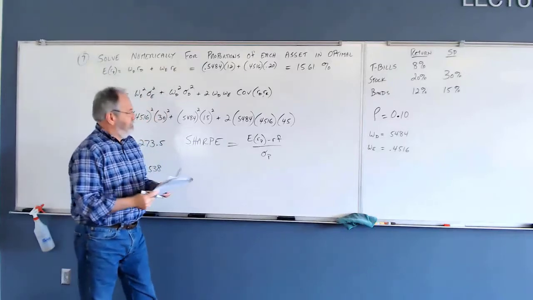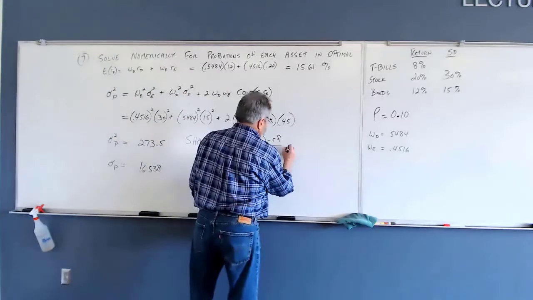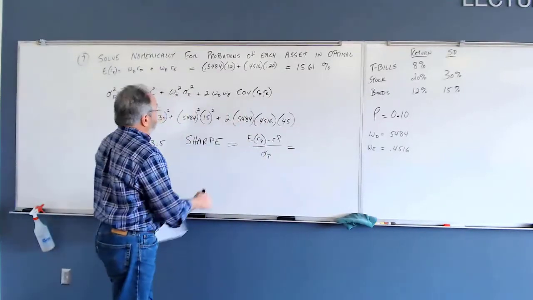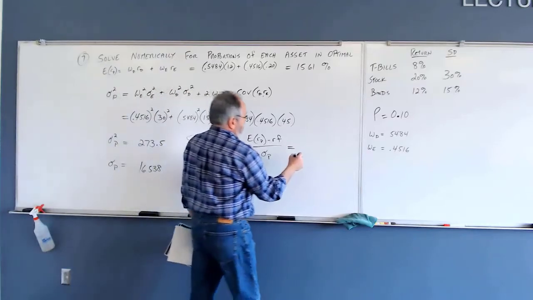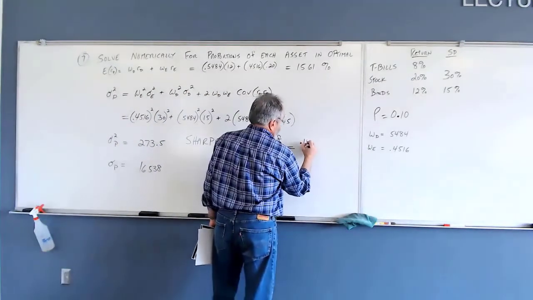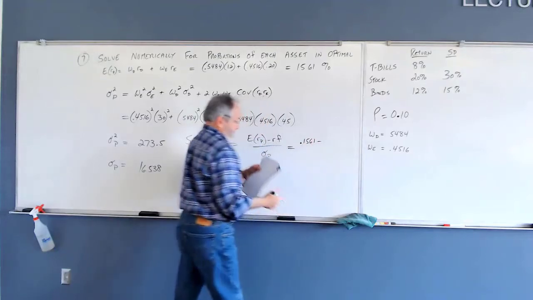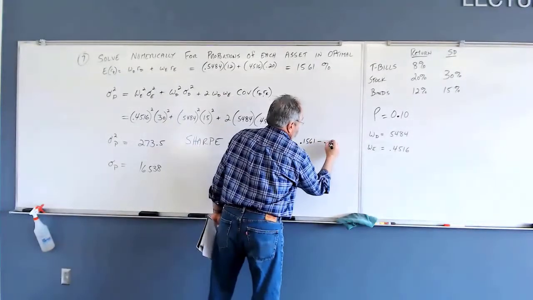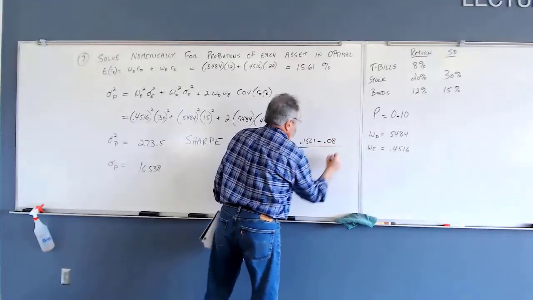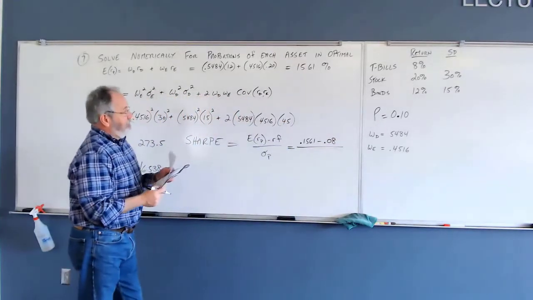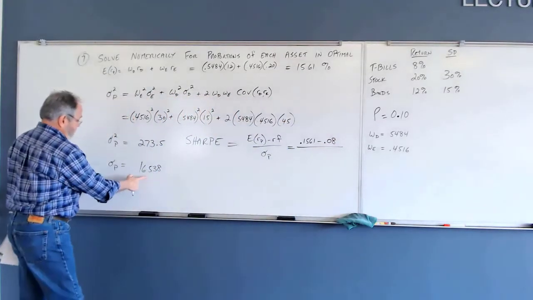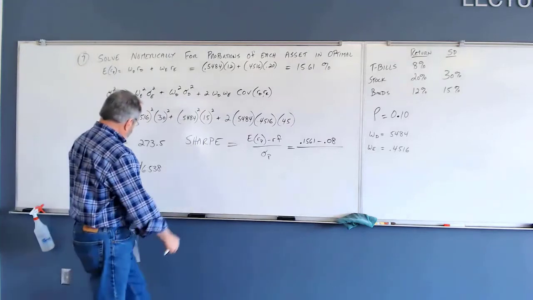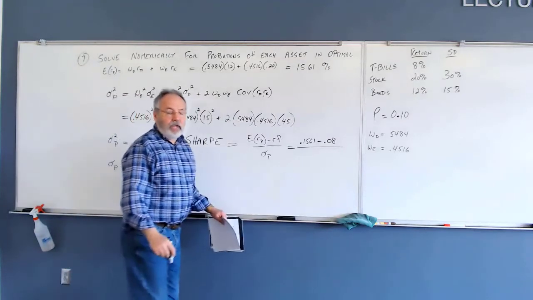Yeah, that's all, right? So the expected return on our portfolio, 15.61% or 0.1561, minus our risk-free rate, T-bills, over the standard deviation of the portfolio, 16.538%.